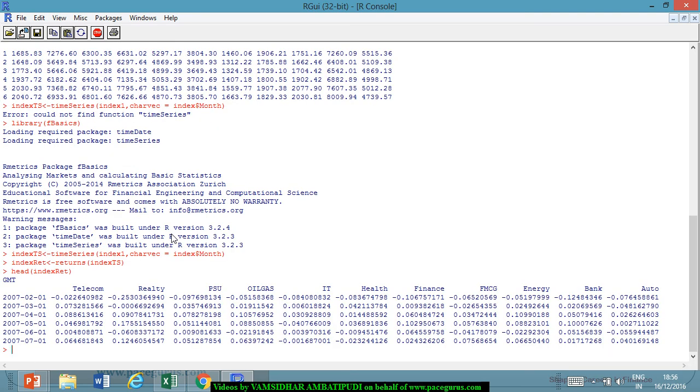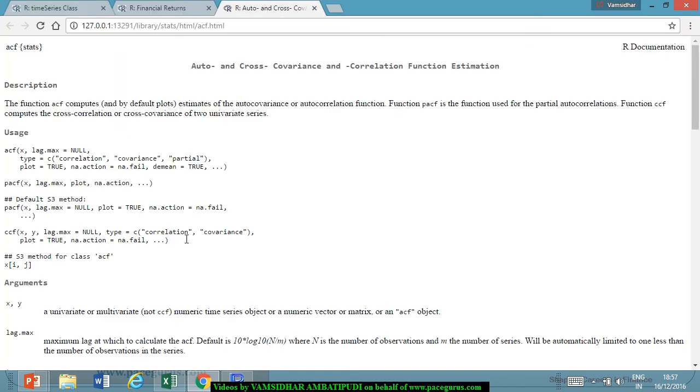So here I can very well look at the ACF. If I type ACF, it is the auto and cross covariance and correlation function. It computes the estimate and by default plots. So I will look at the computation of the autocorrelation itself.